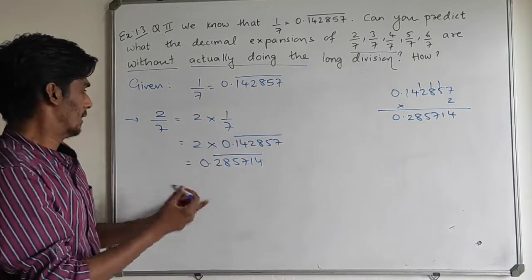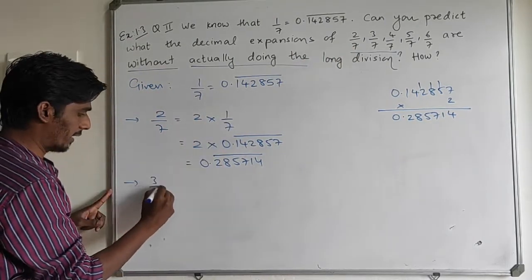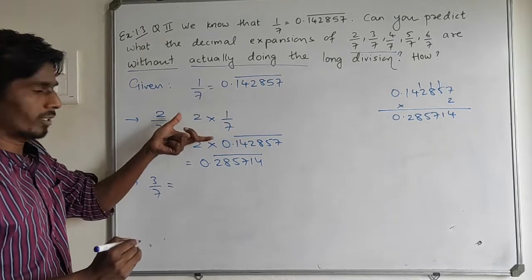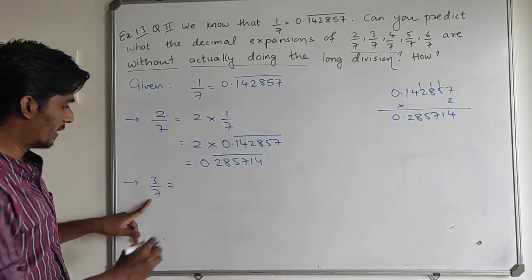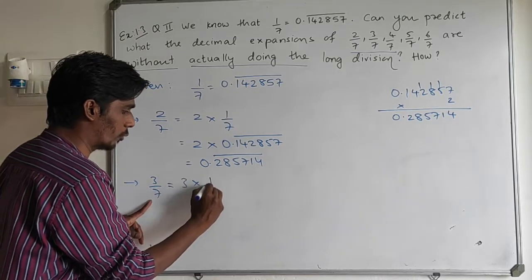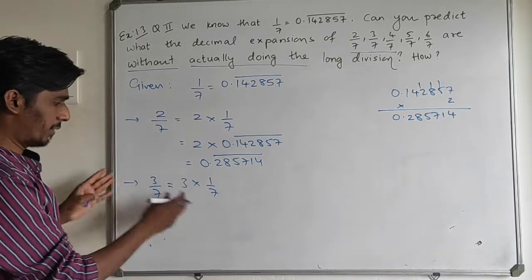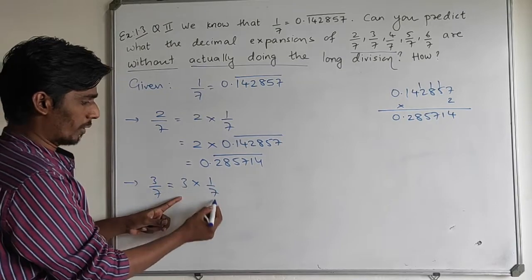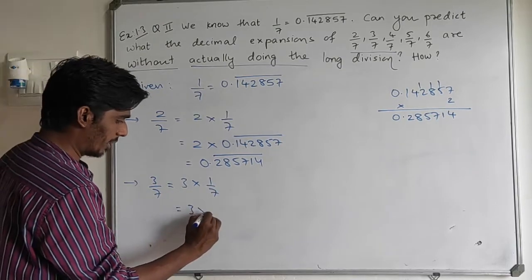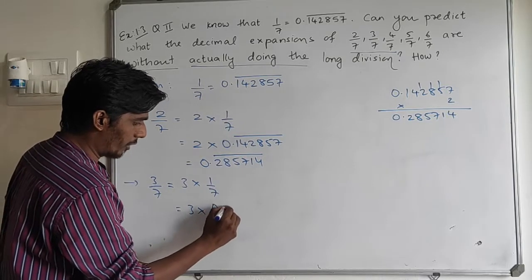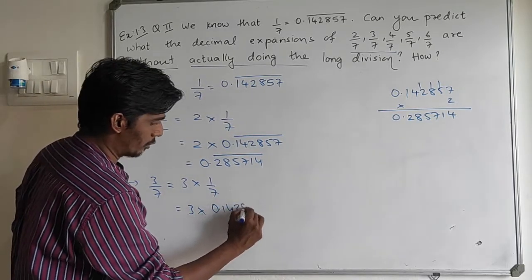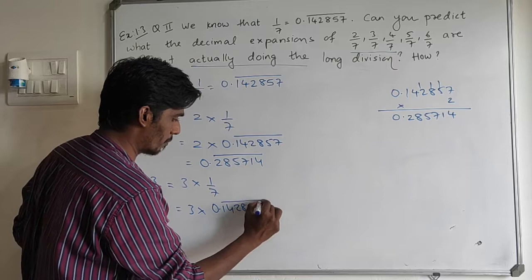So this is the way we can find out the value of 2 by 7. What I have done here, the same thing I have to do for 3 by 7. If you are not able to understand this one, better you pay attention here. So 3 by 7 I am going to write as what? 3 into 1 by 7. I split this fraction. So 1 by 7 value is 0.142857 bar.